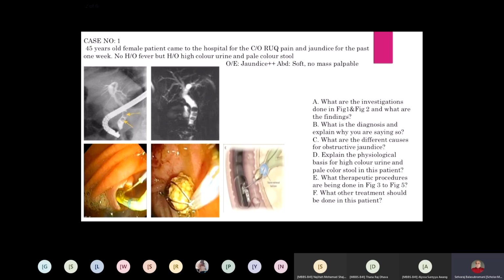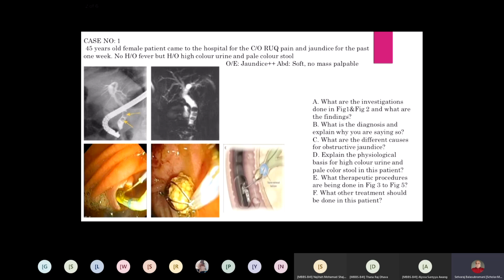There was no history of fever, but a history of high color urine and pale color stool. On examination, the patient is clinically jaundiced, and the abdomen is soft, no mass palpable. The jaundice is not progressive; it is intermittent jaundice.